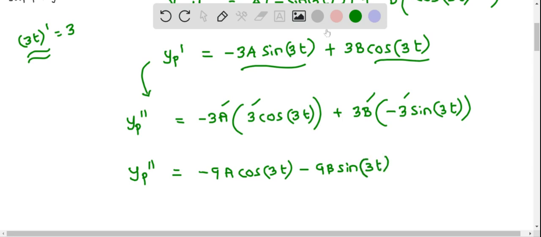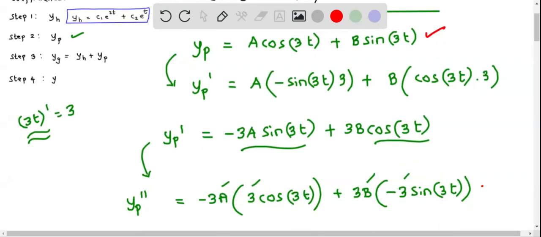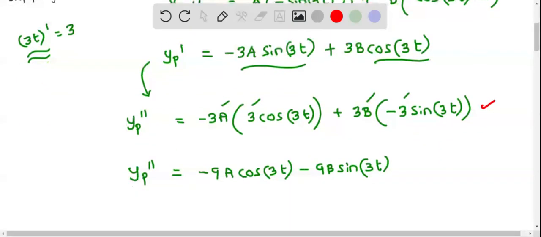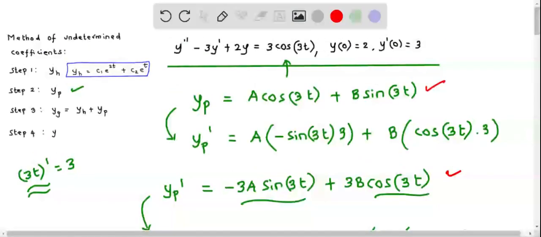Now to determine the values of a, b and c, we take this yp, as well as the yp prime we have here, and the yp double prime, and we plug them into the original equation.